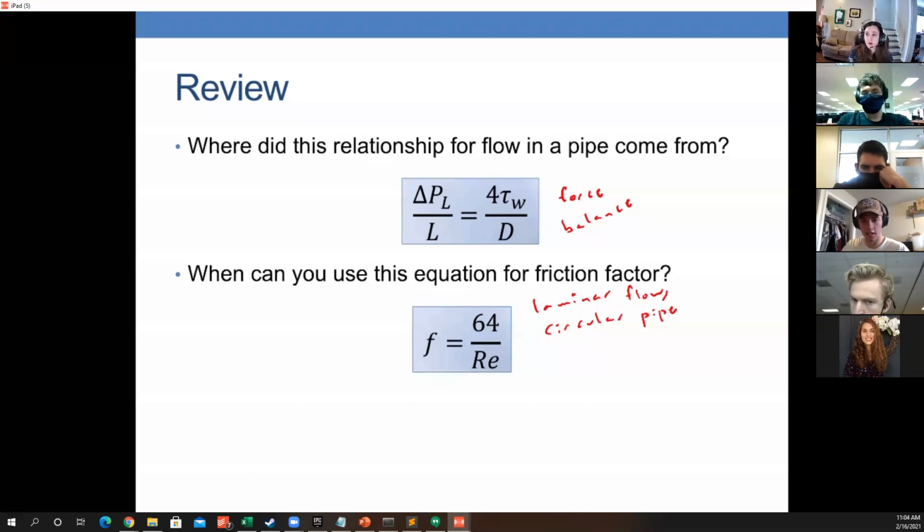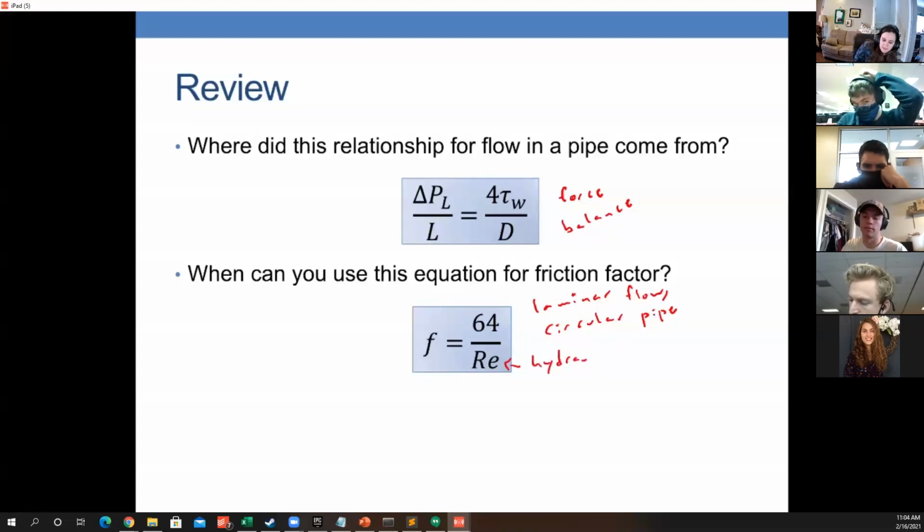Rectangles are the most common. And then when you're calculating the Reynolds number, you need to use the hydraulic diameter. So this isn't something we do a lot. Most pipes are going to be circular, but that is what you would do if they weren't.